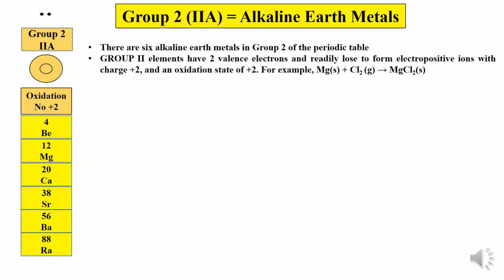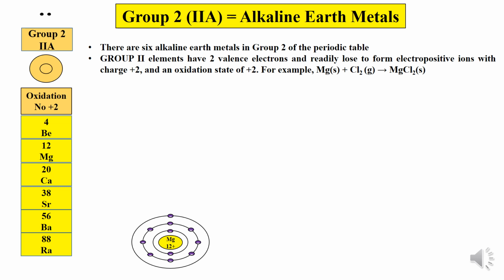So for example, magnesium, a group 2 element, is a solid that reacts with chlorine, which exists as a diatomic molecule in nature. So magnesium reacts with chlorine to form magnesium chloride.